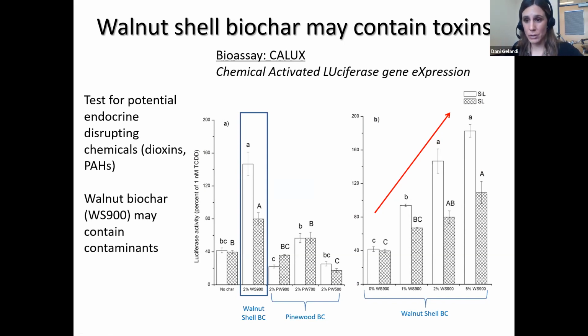However, that same biochar showed a very, very significant increase in the potential for there to be dioxins and PAHs. So we definitely want to think about some of these things before adding biochar to our soils. Will they increase soil dust emissions, and will there be additional contaminants in that dust because of it?